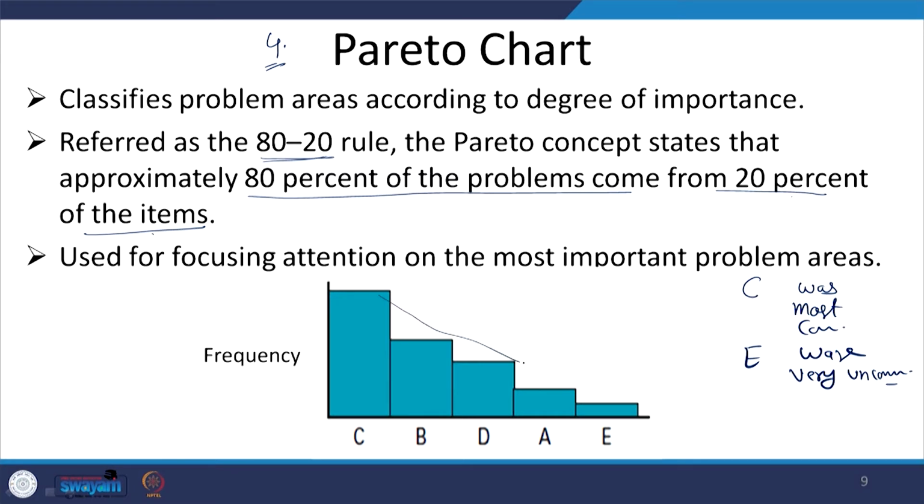Those which are on the leftmost corner represent the more important ones, and you see out of 5 types of defects, one defect, C, is representing the 20% of reasons which is responsible for 80% of the problems. One reason for 80% of problems, and here my problems are defects.